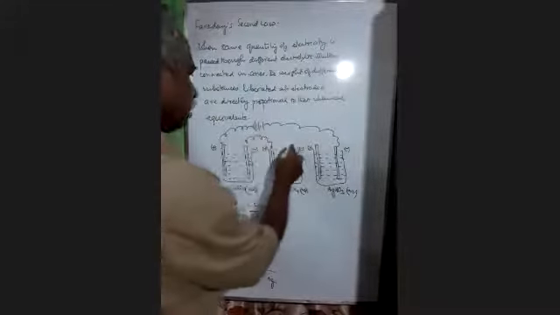When the same quantity of electricity is passed through different electrolytic solutions connected in series, the weights of different substances liberated at the electrodes are directly proportional to their chemical equivalents.